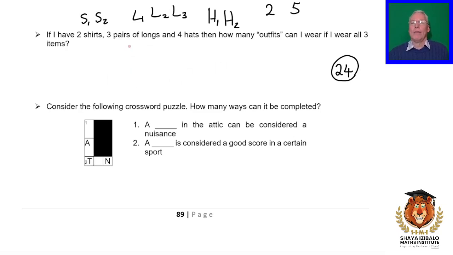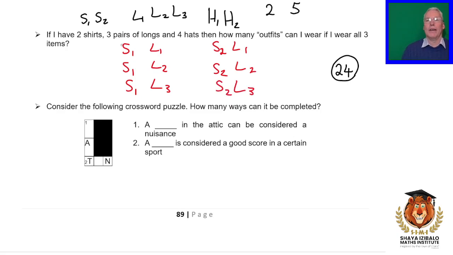Shirt 1, longs 1, shirt 1, longs 2, and shirt 1, longs 3. Shirt 2, longs 1, shirt 2, longs 2, and shirt 2, longs 3. There's 6. Now I've got 4 hats. And so for each of these 6 different outfits, I can wear a different hat. So 4 times 6, and that's why it's 24.